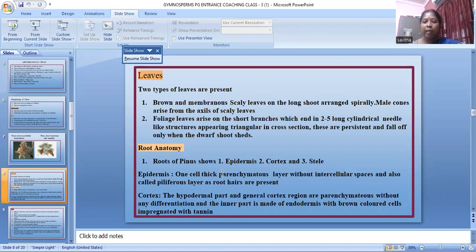When you come to the cortical portion next to the epidermis, it is divided into hypodermis, general cortex and endodermis. But here the hypodermis and general cortex are not differentiated.